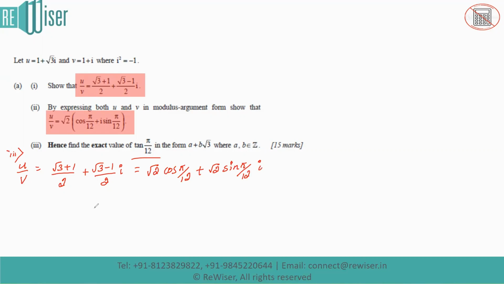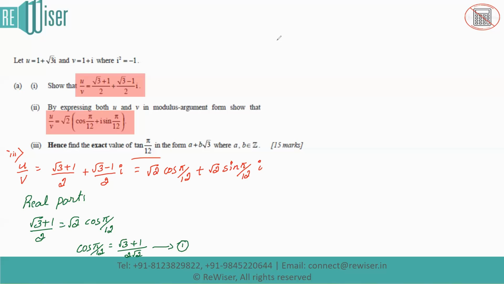So now if I equate both the sides, the real parts and the imaginary parts. By equating the real parts on both the sides, square root of 3 plus 1 over 2 is equal to square root of 2 into cos pi by 12. So cos pi by 12 would be equal to square root of 3 plus 1 over 2 root 2. Let us call this equation 1.